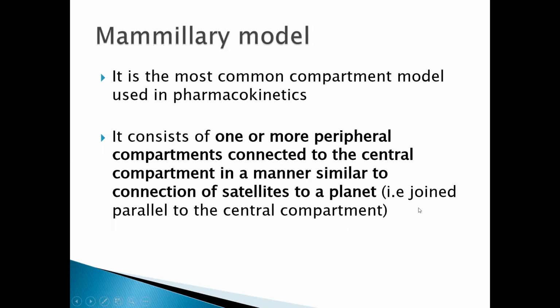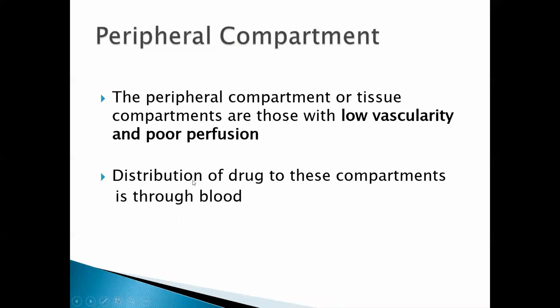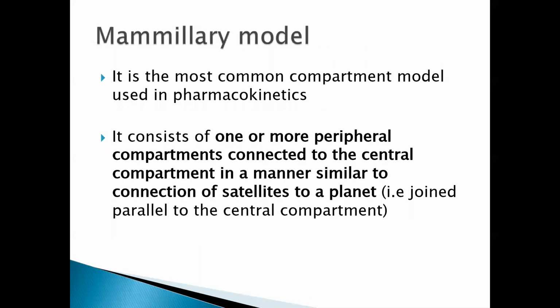So they are joined parallel to the central compartment. You can see there is a central compartment and the other compartments are around it. Those are the peripheral compartments. The central compartment has good blood flow and the peripheral compartments have poor blood flow. That is the way it is organized and grouped.